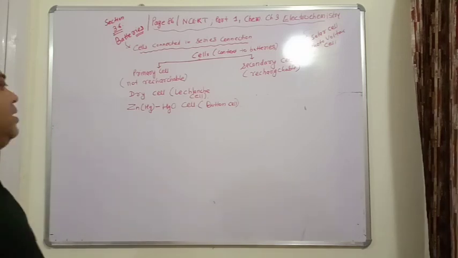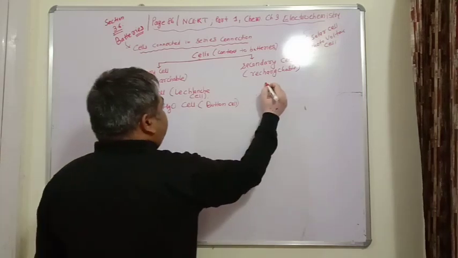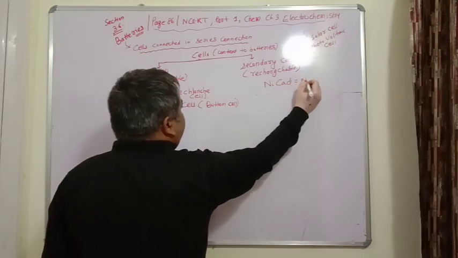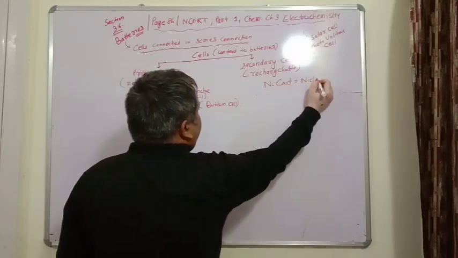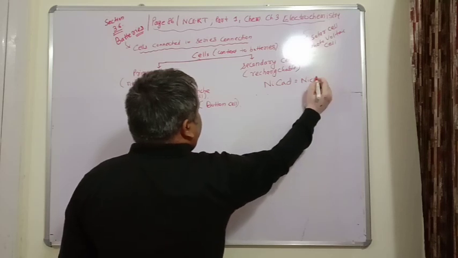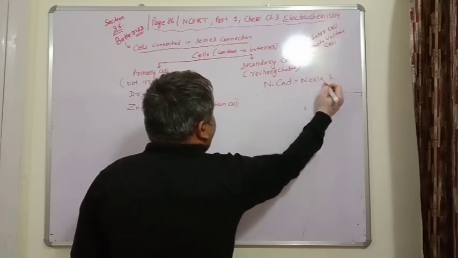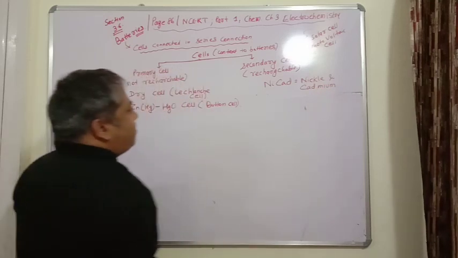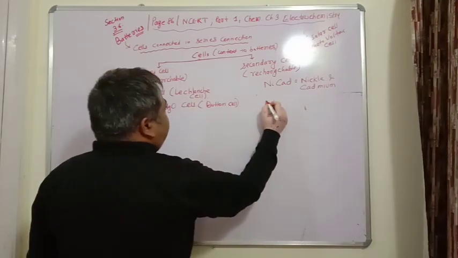In case of secondary cell we will study about the NiCad cell, made up of nickel and cadmium, and the lead storage cell.